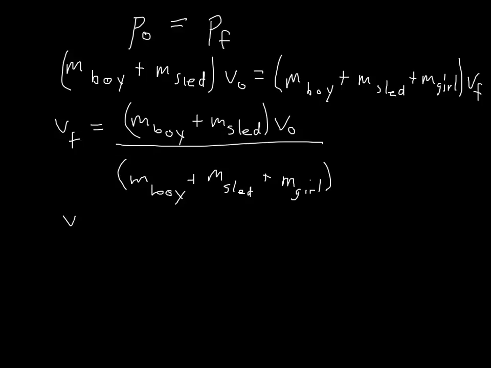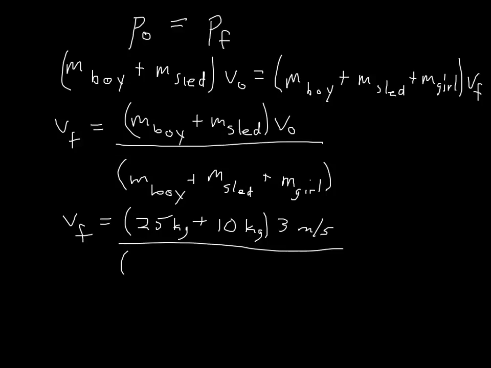And if we plug in all these numbers, we can find V final is equal to 25 kilograms, the boy's mass, plus 10 kilograms, the sled's mass, times the initial velocity of 3 meters per second, all divided by 25 kilograms, the boy's mass, plus again the 10 kilograms of the sled, plus the mass of the sister, 30 kilograms.